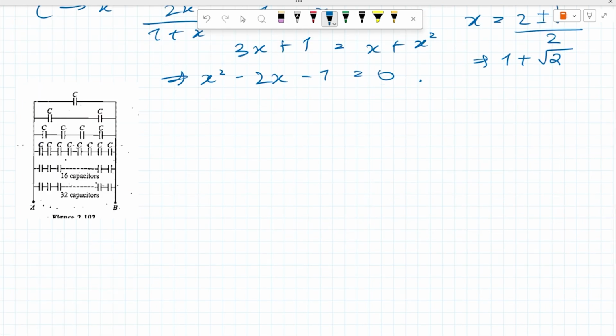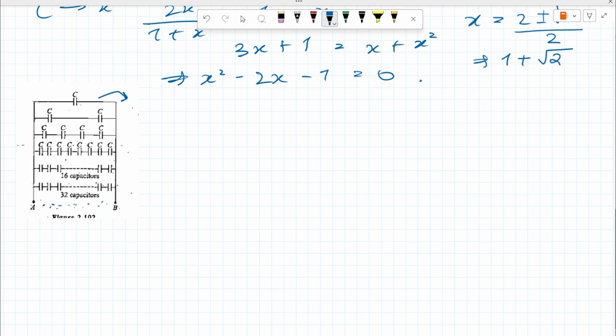This is not quite an infinite ladder, but it is a similar type of question, so it utilizes the same concept. Again, I'd like to mark this as tending to infinity. Then all of these are in parallel. So let's calculate for the first branch.